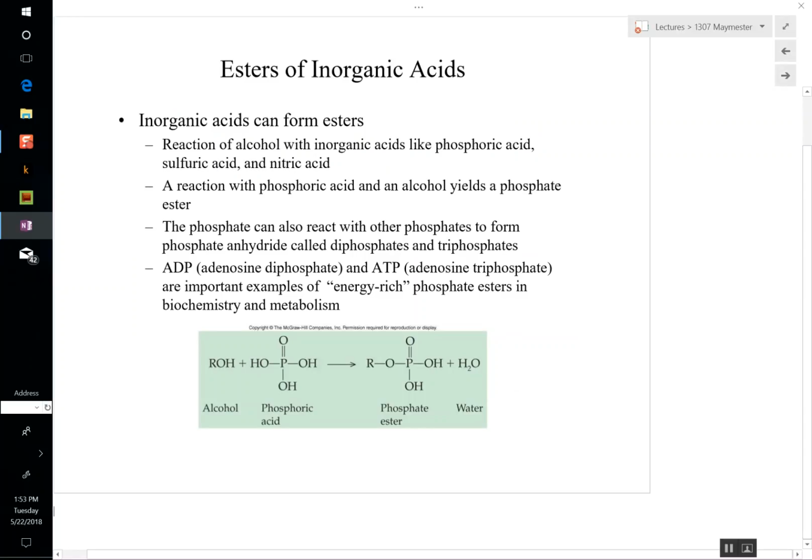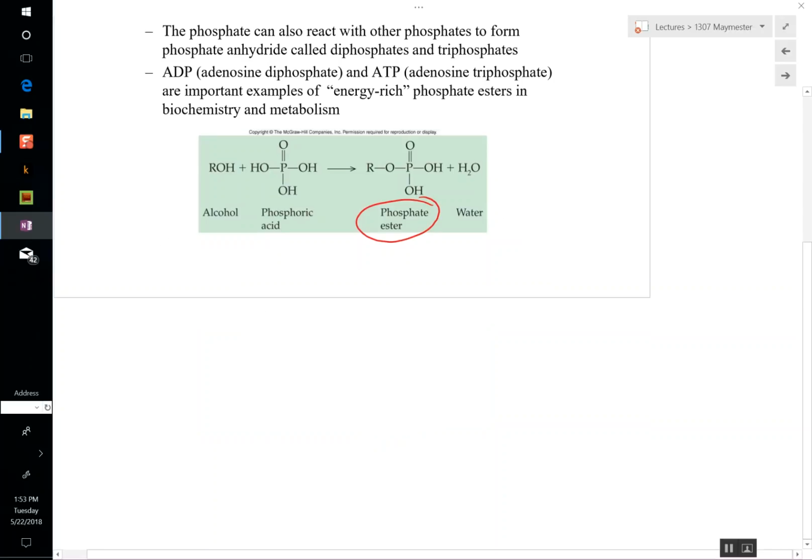Okay, one other term to understand is, what do we mean by a phosphate ester? Remember, an alcohol plus a carboxylic acid made an ester. Well, we're going to have an alcohol plus phosphoric acid is going to make a phosphate ester. So if we had something like this, this would be a phosphate ester.